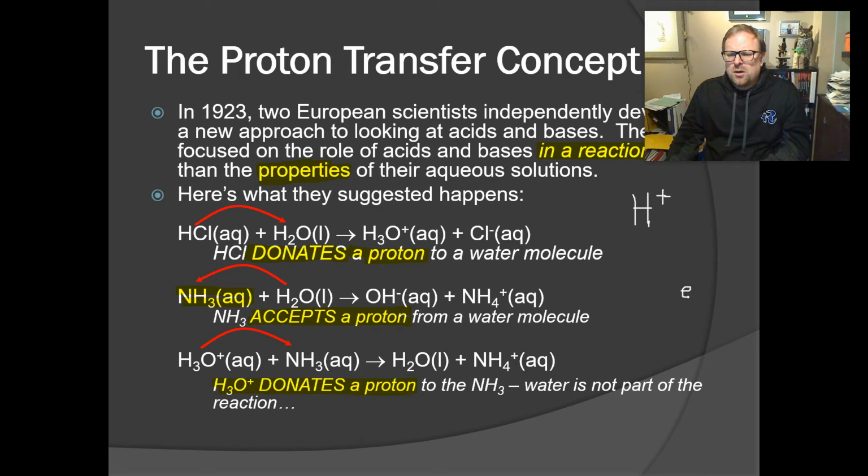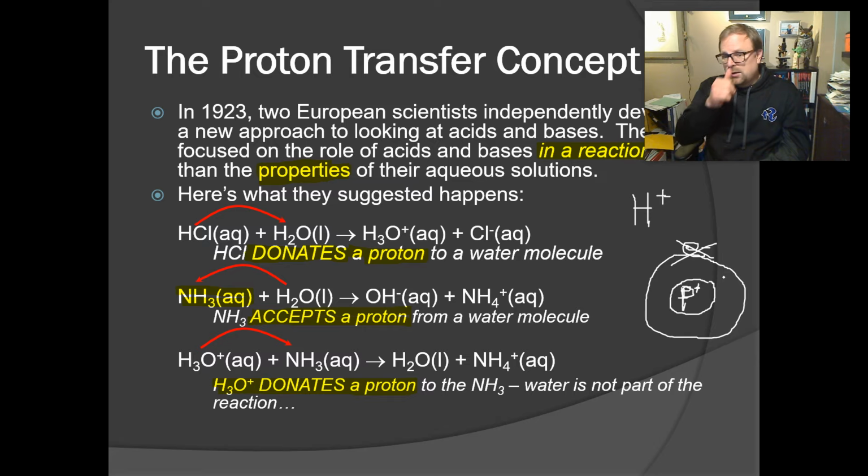If you recall, in the nucleus of our hydrogen atom, there is a proton, and in the first energy level, there is an electron. If we get rid of that electron and ionize the hydrogen atom, all we're left with is a proton. So we're considering an H+ to be a proton.